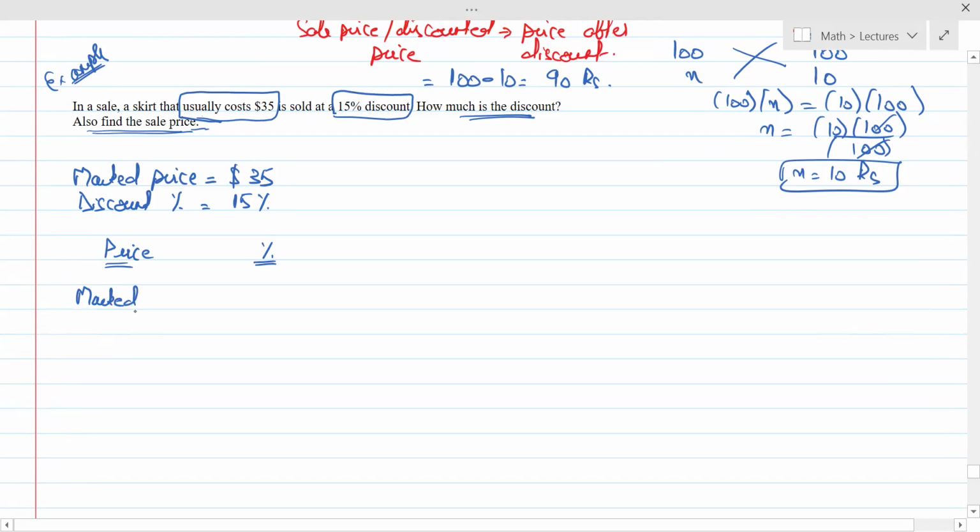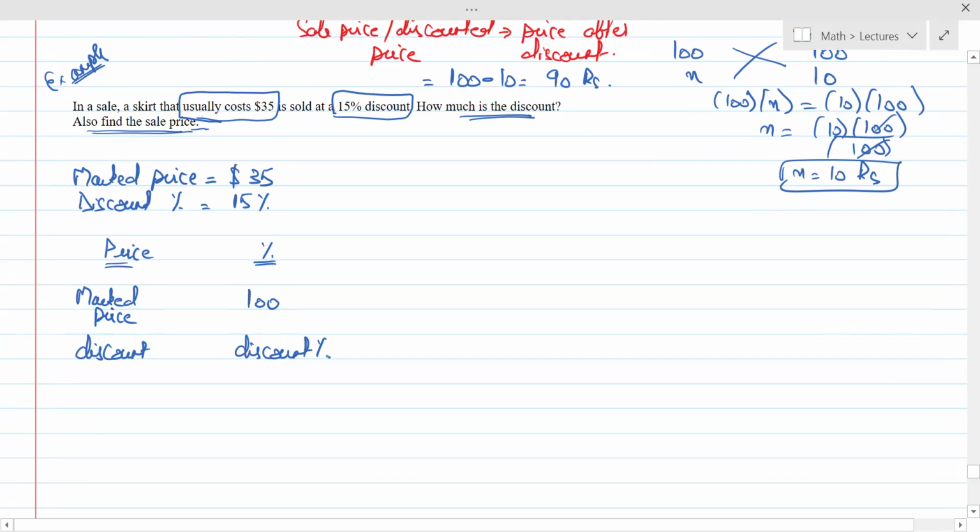So the marked price goes against the original percent, which is always 100. And then we have the discount. You can find the discount against the discount percentage, whatever discount percentage is given.